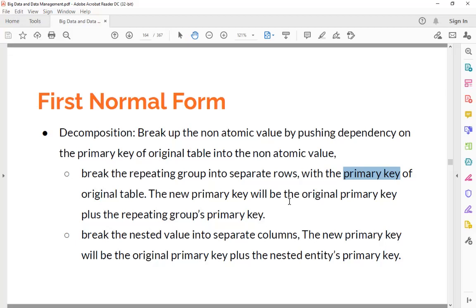The primary key of the new relation will be the original primary key plus the repeating group's primary key. For a nested value, you will break the nested value into separate columns. The new primary key will be the original primary key plus the nested entity's primary key.